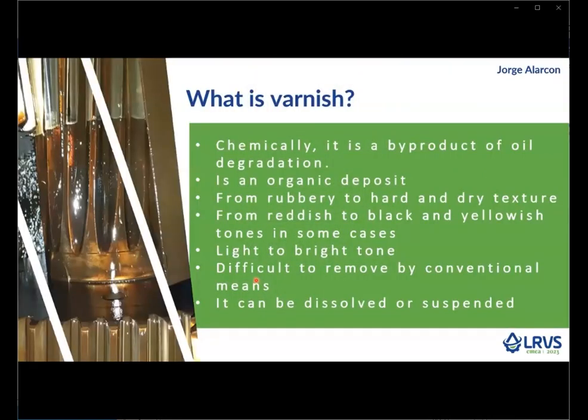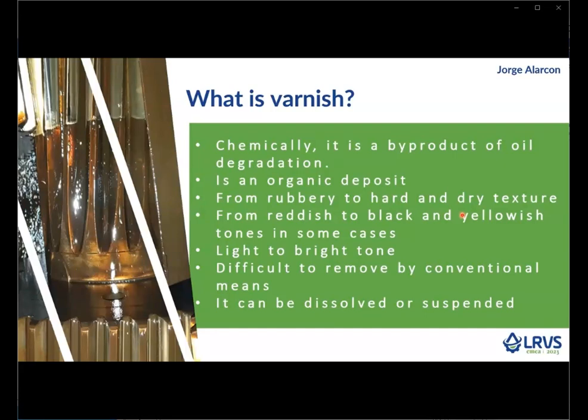All right, so let's start by saying what is varnish. From the chemistry perspective, it is a byproduct of oil degradation. It's mainly an organic deposit. The texture can go from rubbery to very hard. The color is also very interesting because it can vary from reddish to black, yellow tones.